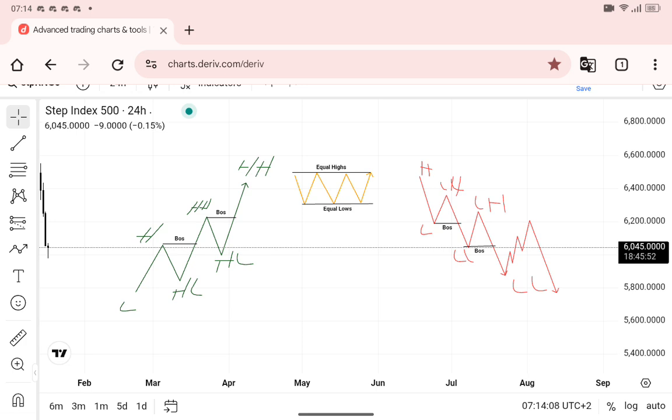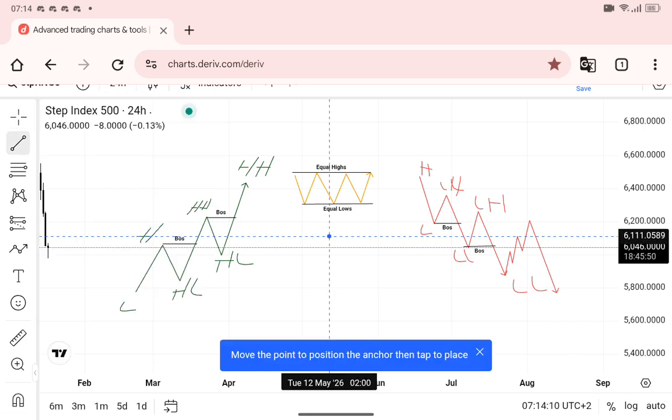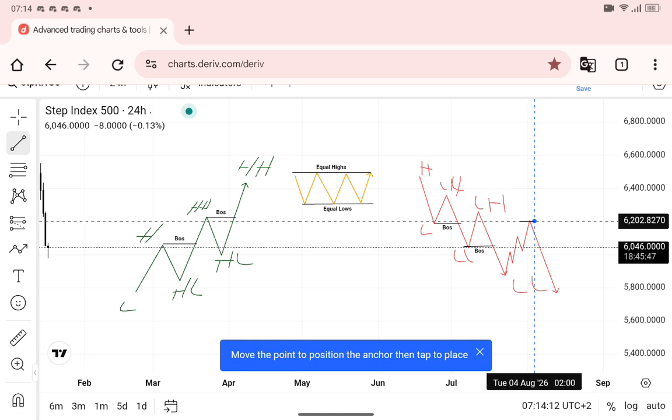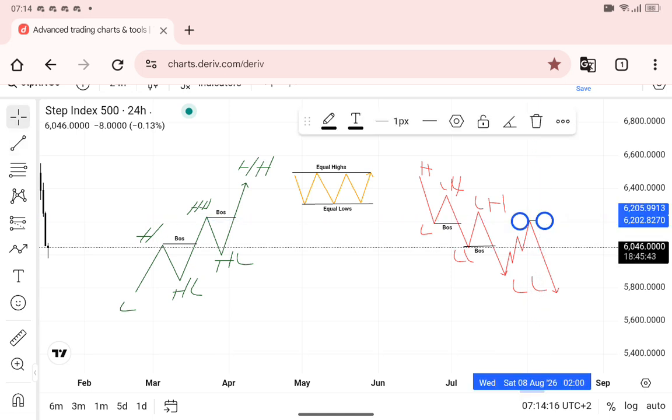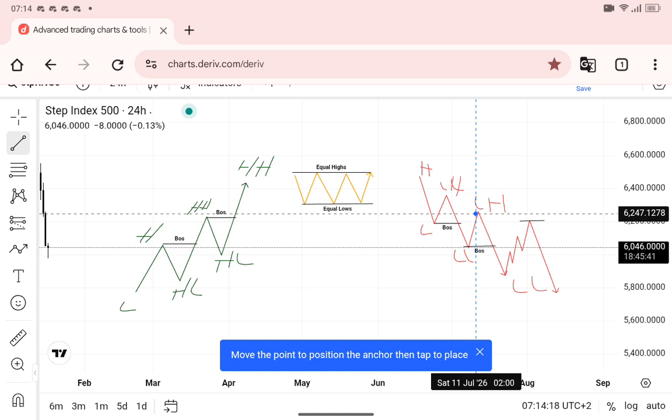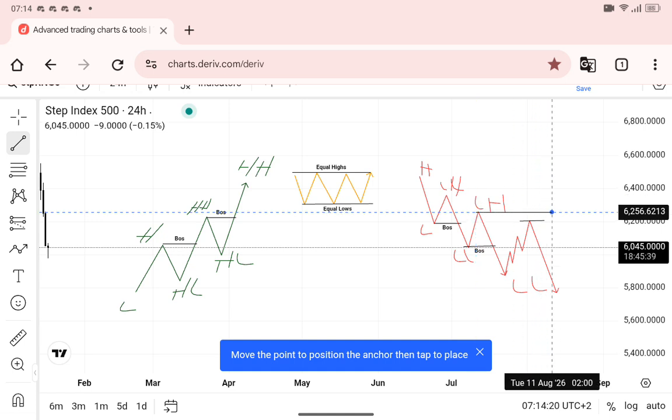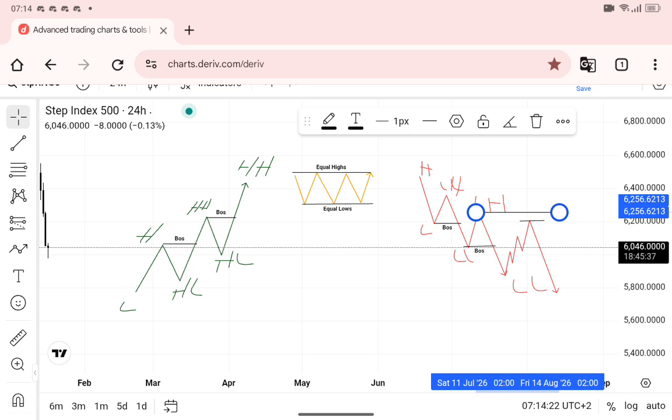After a lower low, price has to go and print a next lower high. Unless they shift here, because once they break this leg here, that means the market has changed character. It's now bullish, and you should be looking for buys.